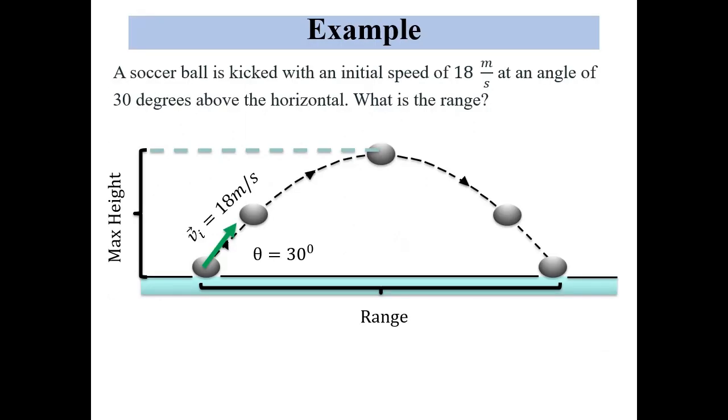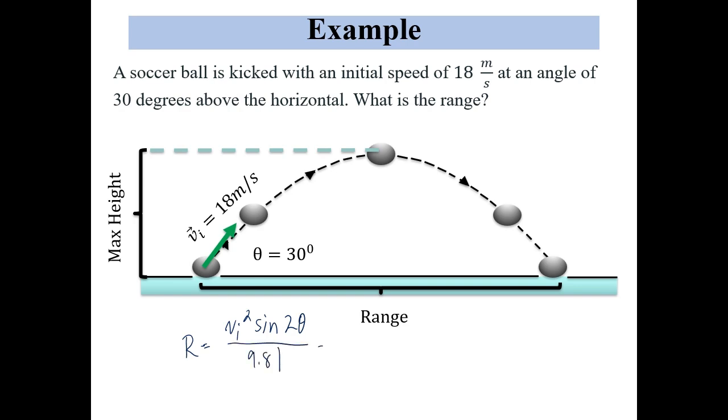So in this example problem, I'll show you how we can use the range equation. Now it says we have a soccer ball which is kicked with an initial speed of 18 meters per second at an angle of 30 degrees above the horizontal. What is the range? So the range equation, let's write that down. Range is delta x, so that is v initial squared times sine of 2 theta, this is initial theta, divided by 9.81, which is g.